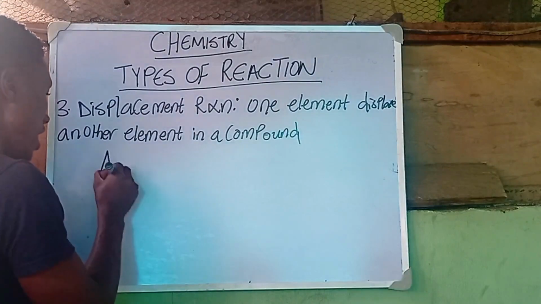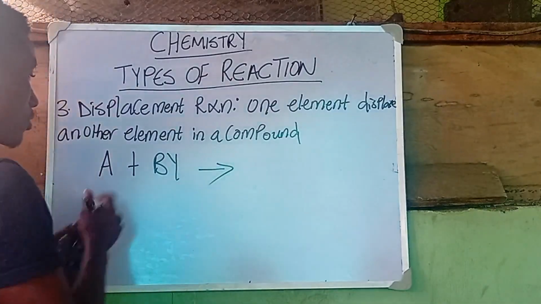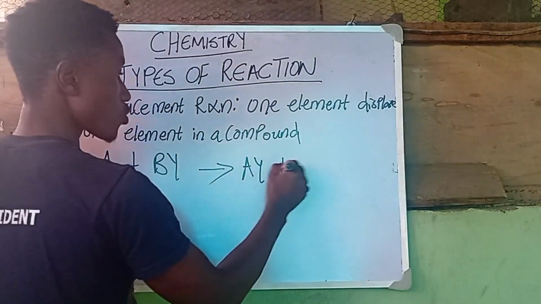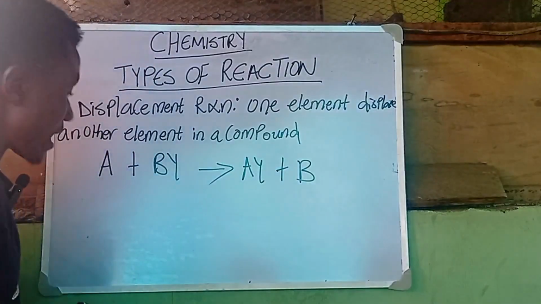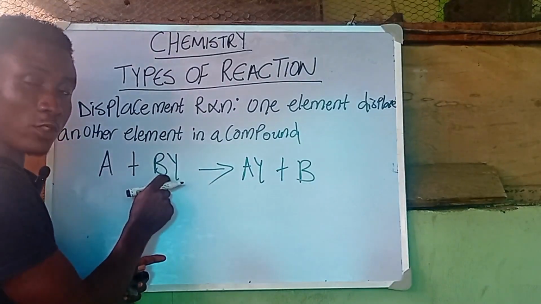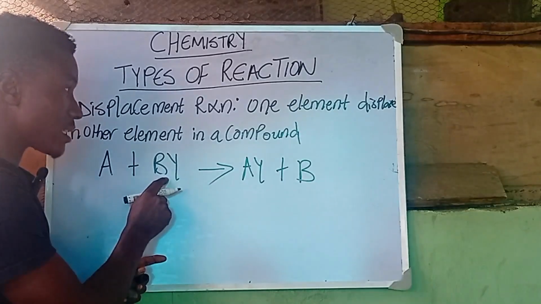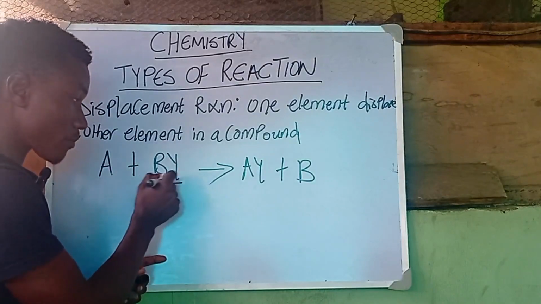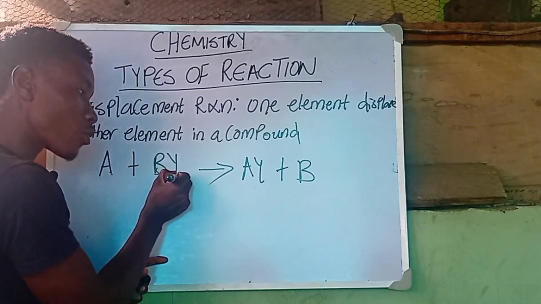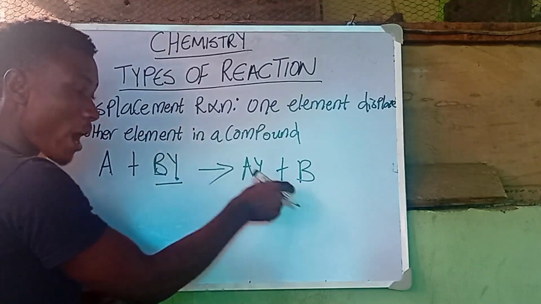This is represented by saying A plus BY. At this particular point in time, what we'll be having as our forward reaction is going to be AY plus B. This is a compound because this is BY, and this particular element A has been able to displace this B out of this compound, taking the place of this B. So you get to see AY plus B.